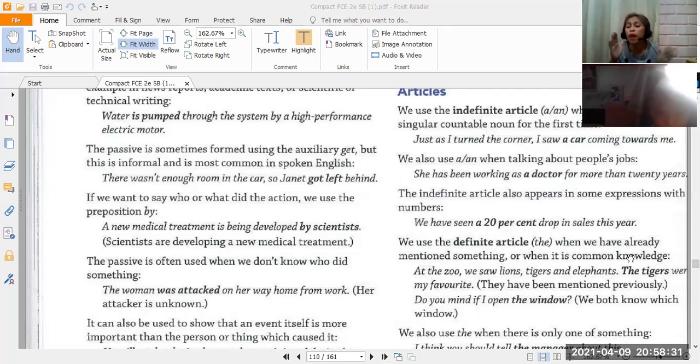We have to be very specific which animal is your favorite. My favorite animal, teacher Ann, is the tigers. So there are 3 animals mentioned here. We have lions, tigers, and elephants. But you specified or mentioned the specific one, which is the tigers. You mentioned the specific about the tigers.